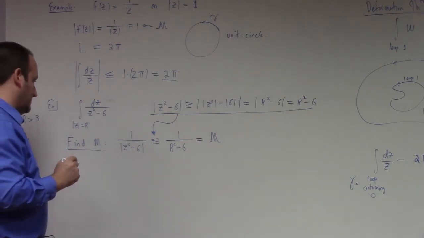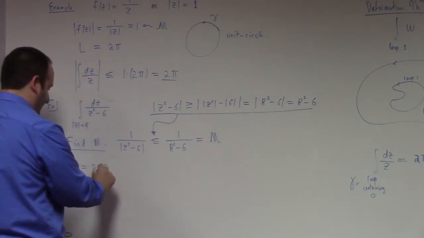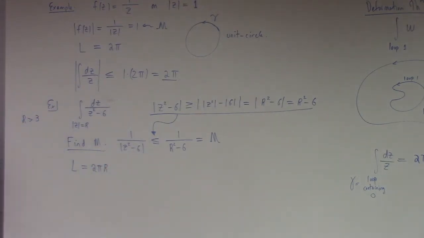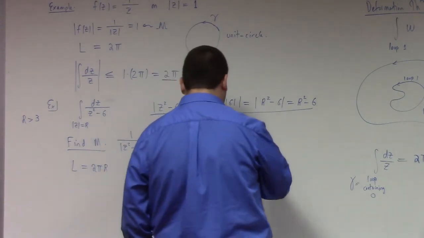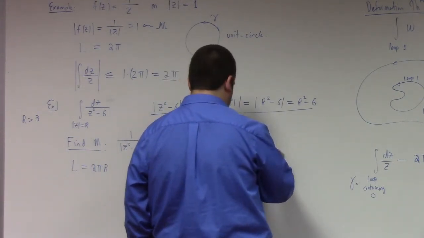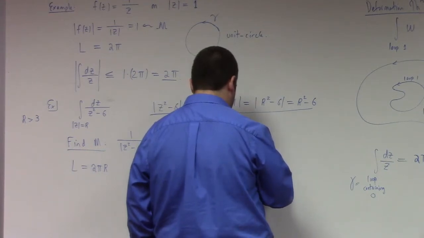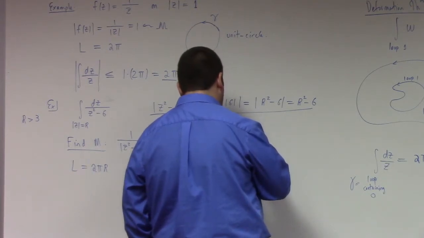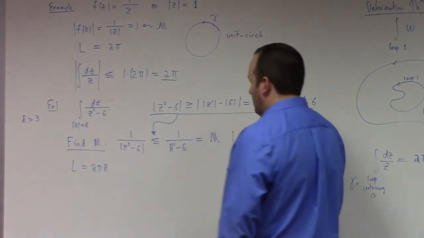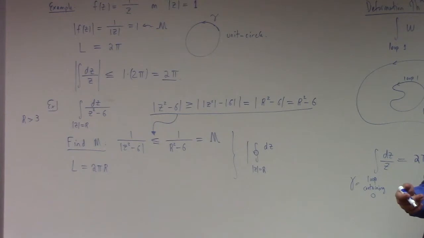And what's L? It's 2 pi r, the arc length of that circle. So if we use the ML theorem on this, we have the modulus of the integral over this circle of radius r. I'm assuming it's counterclockwise oriented, but I don't think this problem is really sensitive. If you're looking at the modulus of the integral, you can't pick up a sign difference anyway.